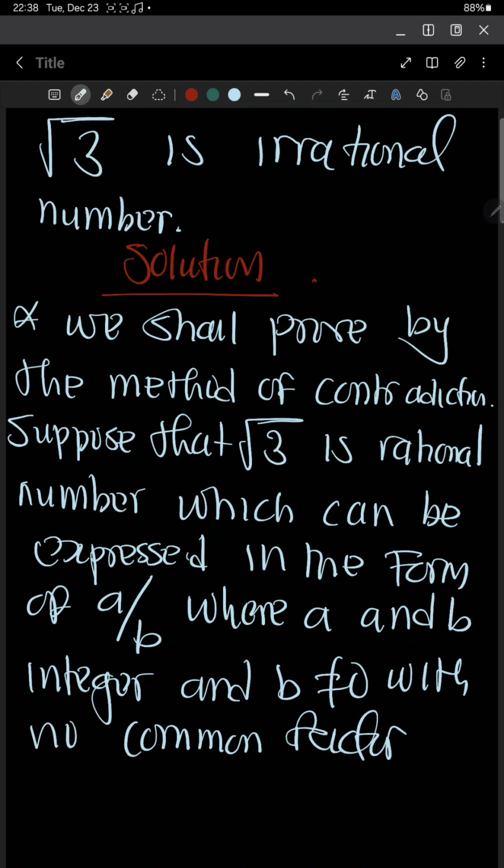This statement is very essential for you to show that this is an irrational number. You need to state this statement to prove it.